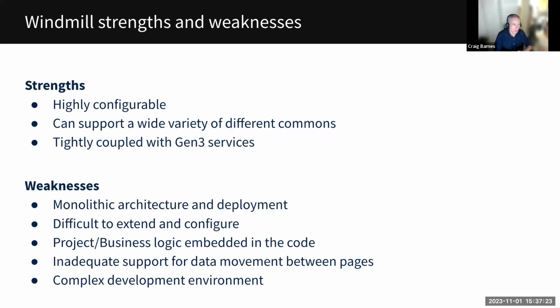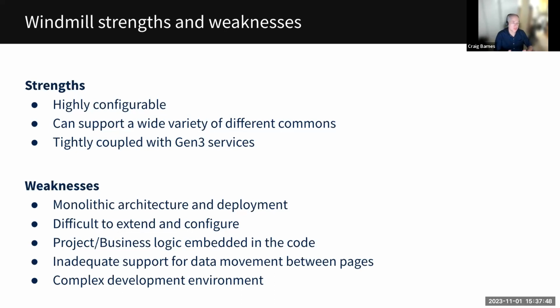Next slide, please. So, Windmill has some nice strengths. It's highly configurable, and so as we saw, it can support a wide variety of commons. It's not completely white labeled, but it's very close to the point that you can define your own styling, theming, fonts, colors, iconography to some extent.